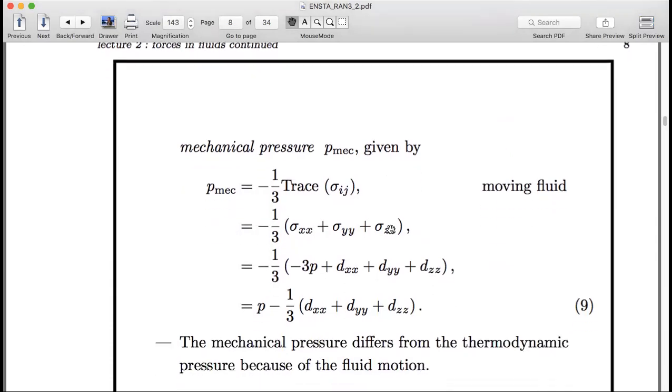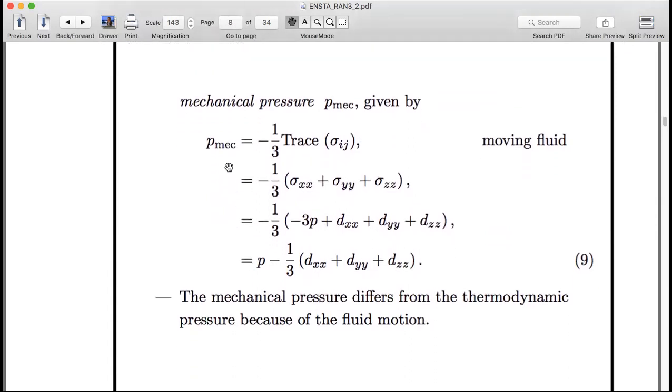So there can be a difference. The mechanical pressure that you would measure equals minus a third of the trace of the stress tensor, so the sum of the normal stresses in the X, Y, Z direction.